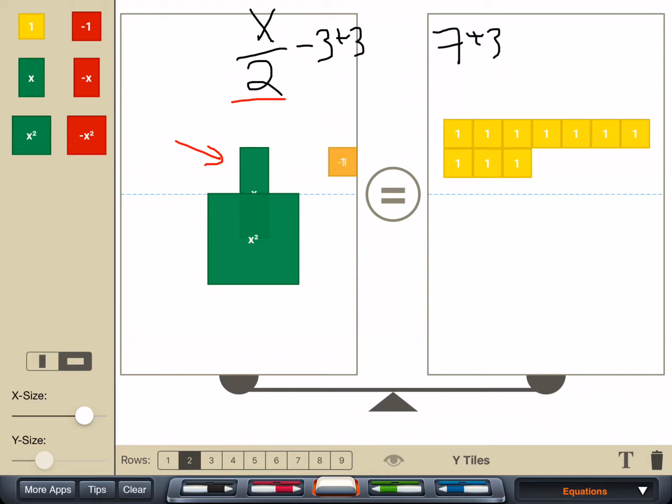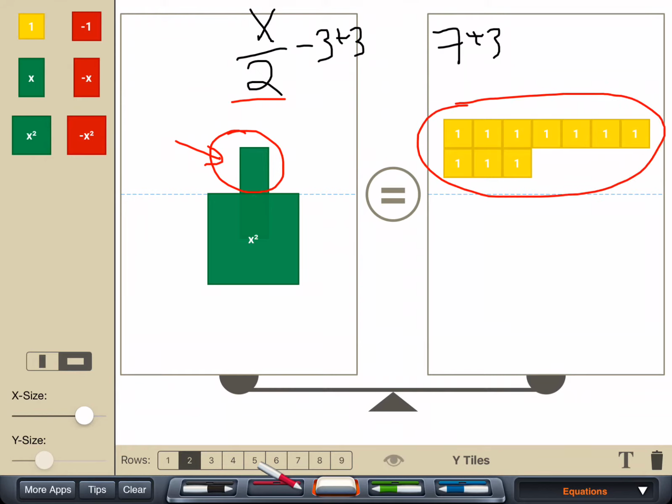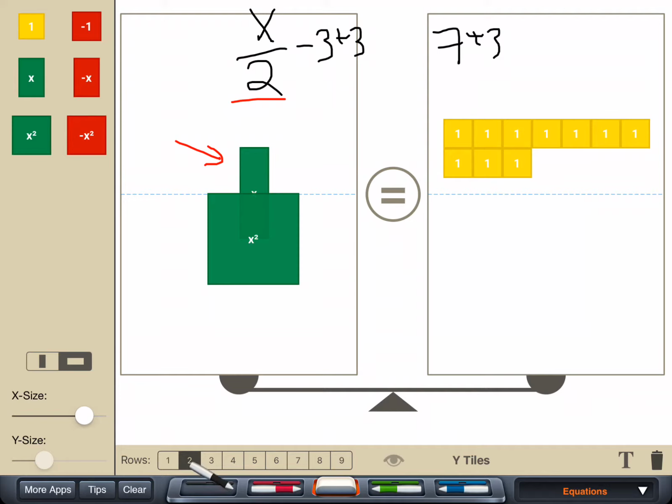I have the same number of negatives as I do positives, and so they cancel each other out. So now what I have, quite clearly, is I've got half of x equaling 10. All right? Half of x equaling 10. So I'll just write that out now. I've got half of x equaling 10.